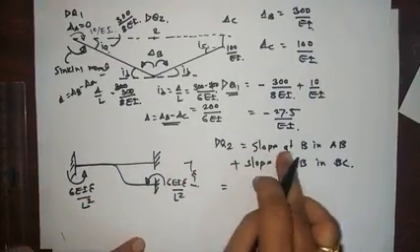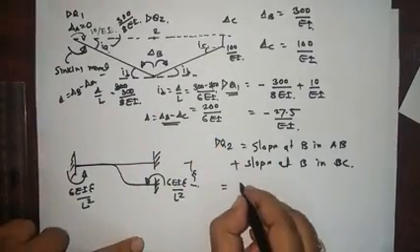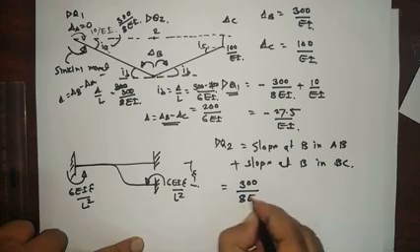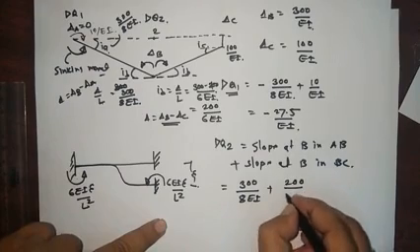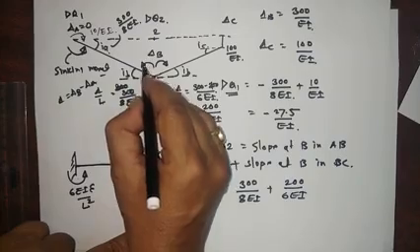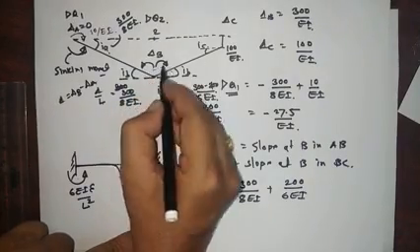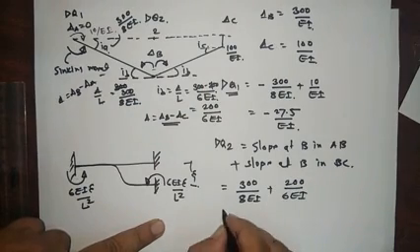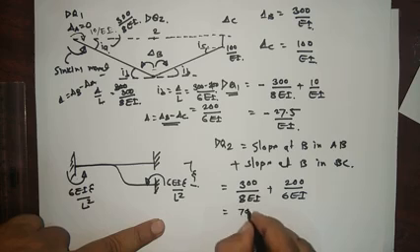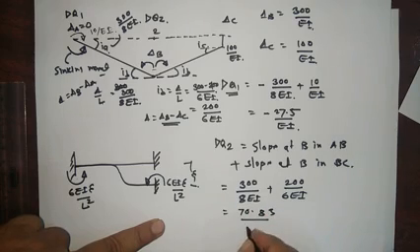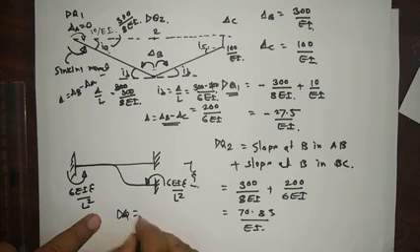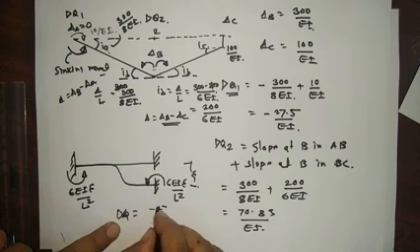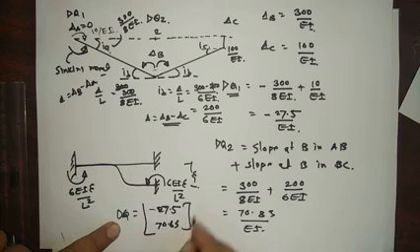So the slope at B in AB is 300 divided by 8 EI, and here is plus 200 divided by 6 EI, because this direction and the assumed rotation direction are the same. That is why it is positive, and the total is 70.83 divided by EI. So this dq matrix we can say is minus 27.5 and 70.83, 1 upon EI.